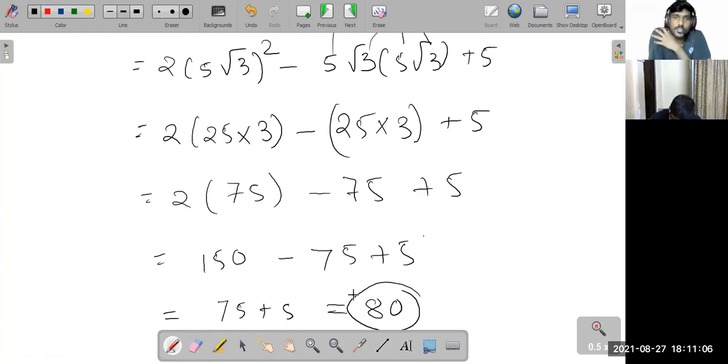Where were you stuck? At which step? That's 2 multiplied by 5 root 3 square. Okay. Be careful with surds. We learned surds, right?